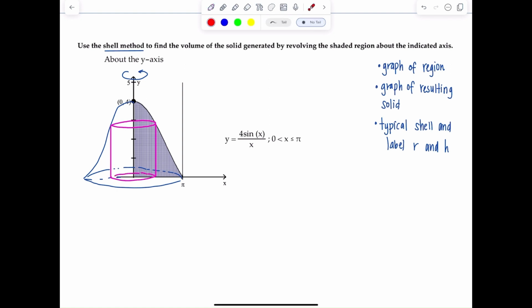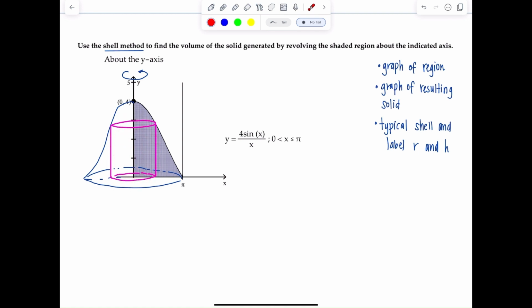Make sure this height stays within the shaded region. None of this wildness going out into the empty space. Remember, we sum up the areas of these cylindrical shells so that we can get the volume of this solid. It would make no sense if they were to go outside into the open space, because then they would not be helping us compute the volume of what we have going on right here.